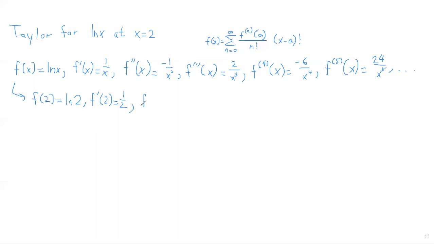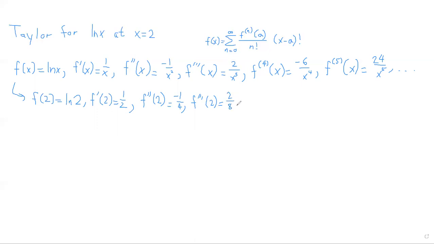f double prime of 2 is equal to negative 1 over 4. f triple prime is, I know you can simplify it to 1 over 4, but I'm going to say it's 2 over 8. You'll see later why I wrote it in this particular fashion.